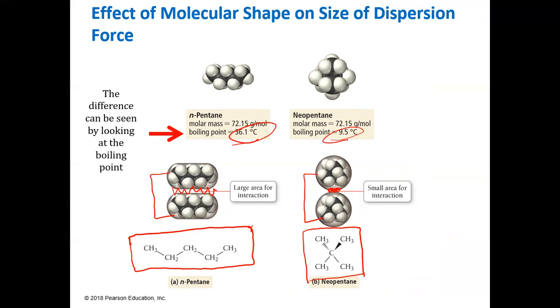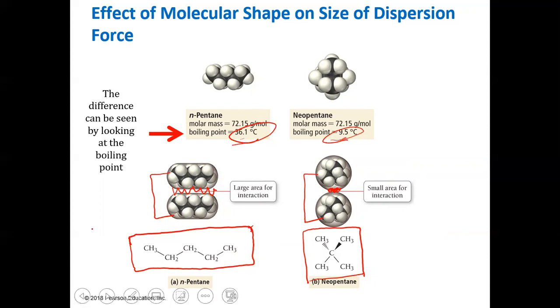Pentane boils at 36.1, neopentane at 9.5. So not only does more molar mass mean a higher boiling point, but also the shape or the structure of the molecule.